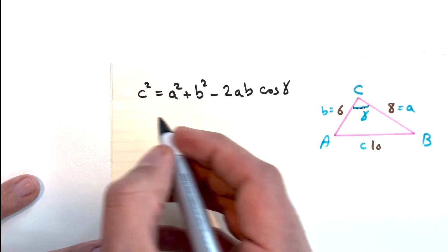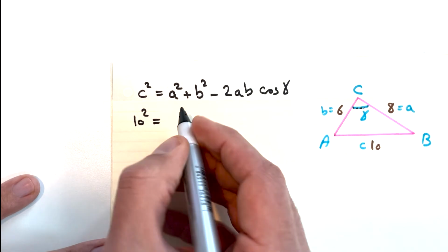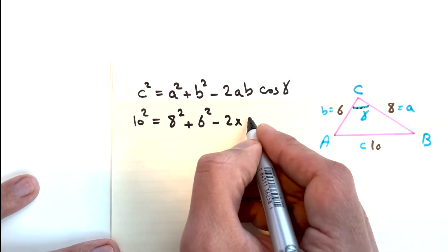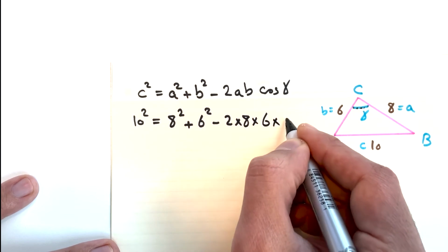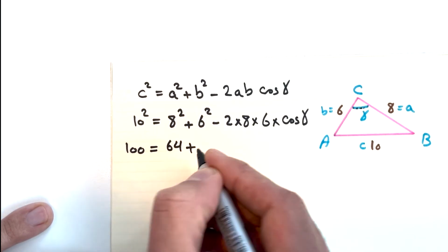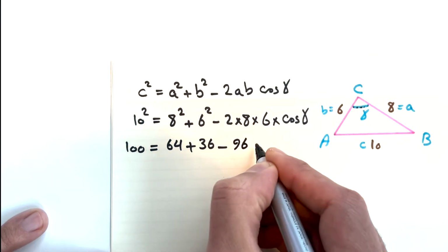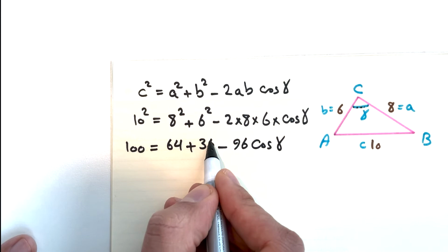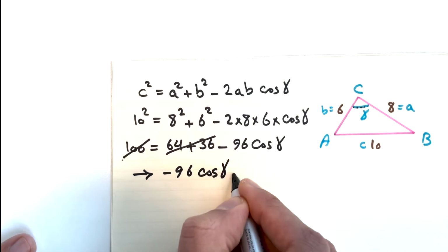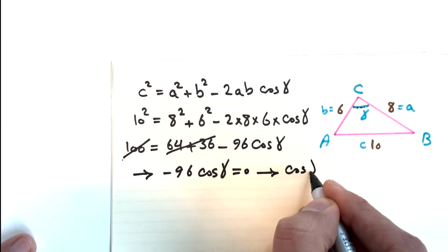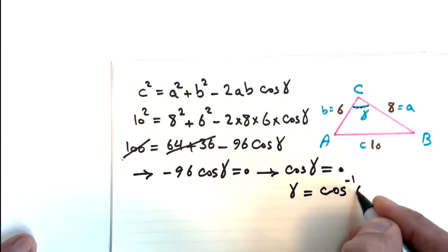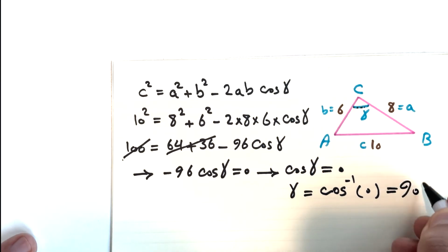So I'm going to now use the numbers here. 10 square is equal to 8 square plus 6 square minus 2 times 8 times 6 times cosine gamma. 100 will be 64 plus 36 minus 96 cosine gamma, and this is 100, this is 100, so this means minus 96 cosine gamma is equal to 0, and this means cosine gamma is equal to 0, and then gamma will be cosine inverse of 0, which the answer here will be 90.